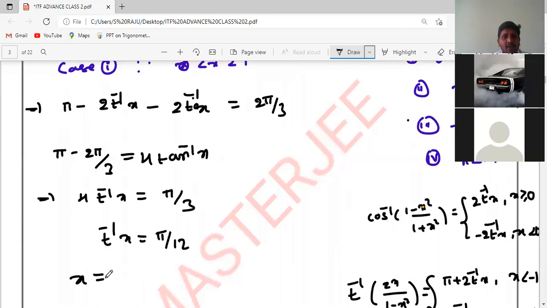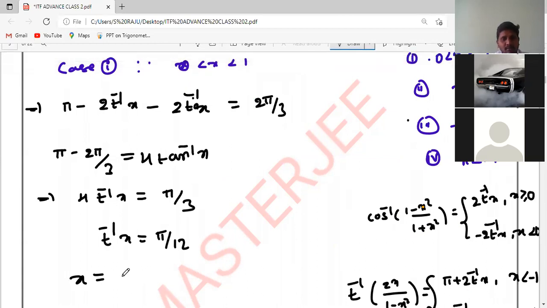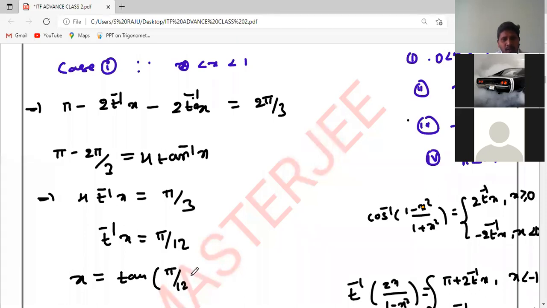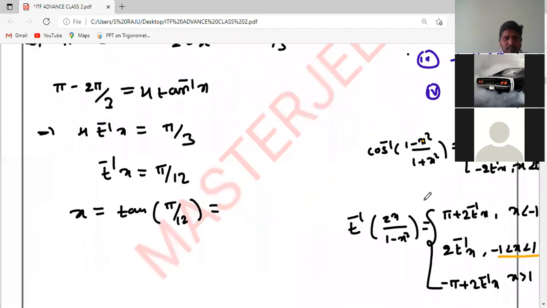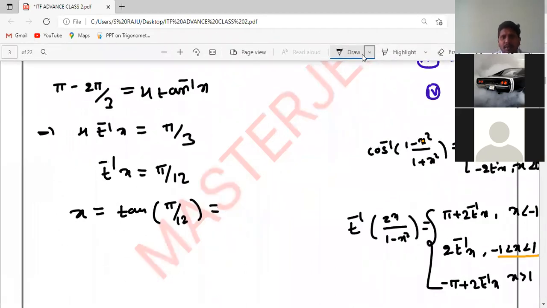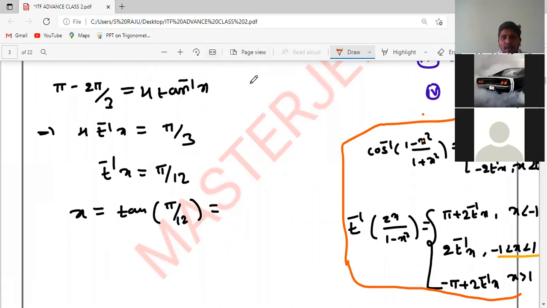But we require the x value. Here they are asking, the question is to find the x value. So x is tan of pi by 12. Okay students, what is tan pi by 12? Pi by 12 is nothing but how many degrees? 180 by 12 is 15, so tan 15.